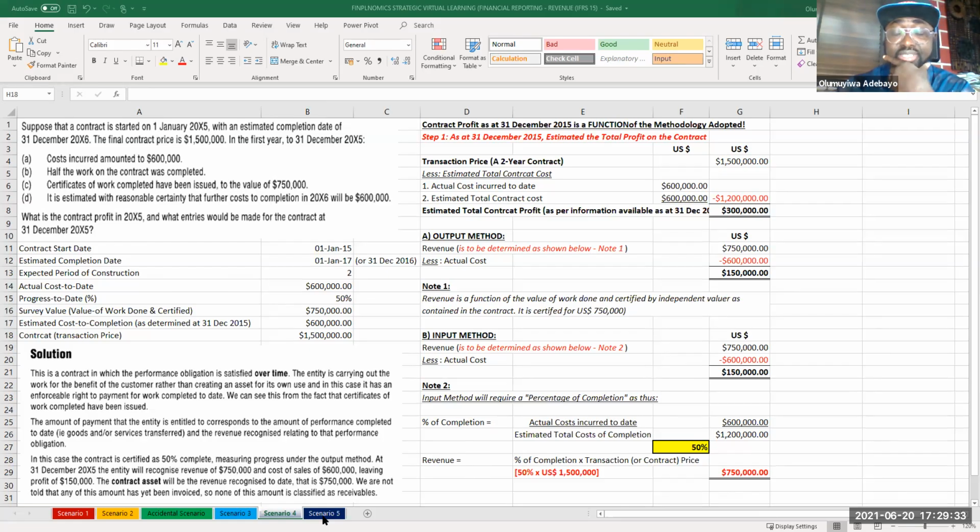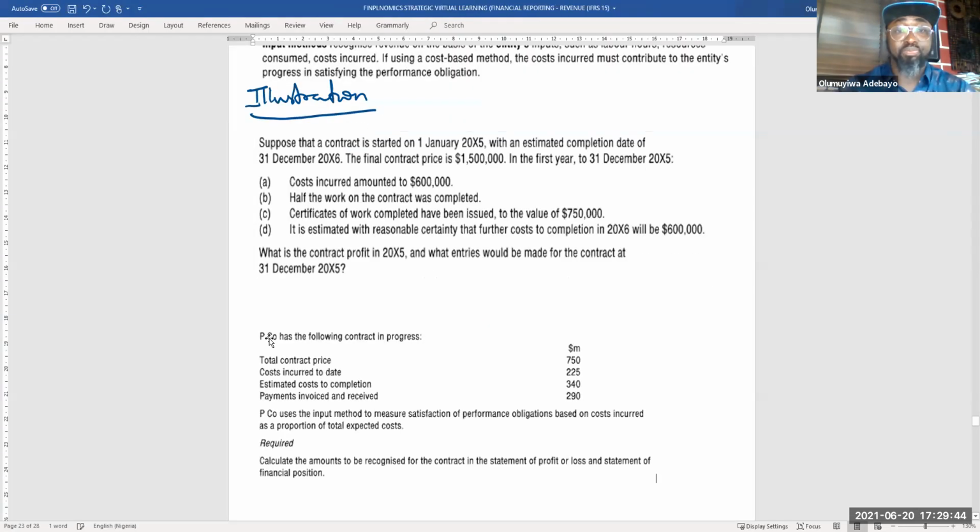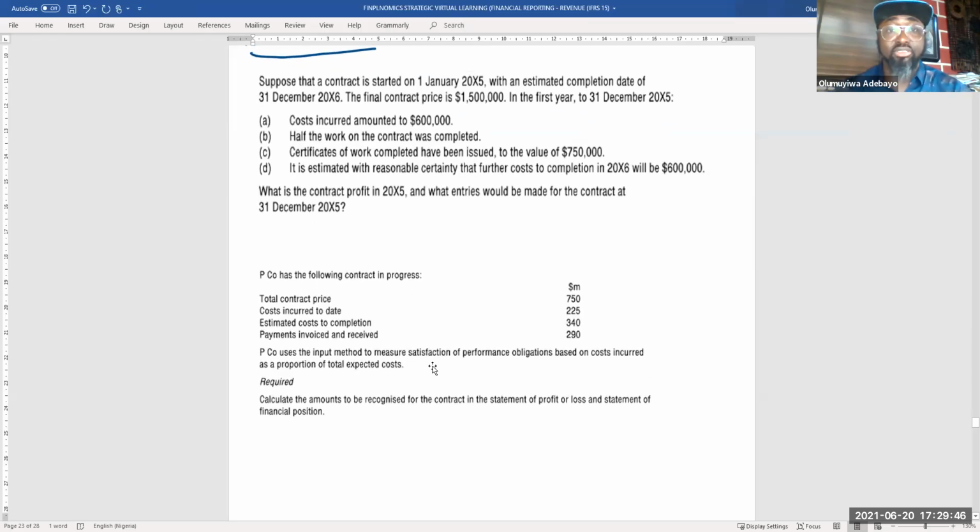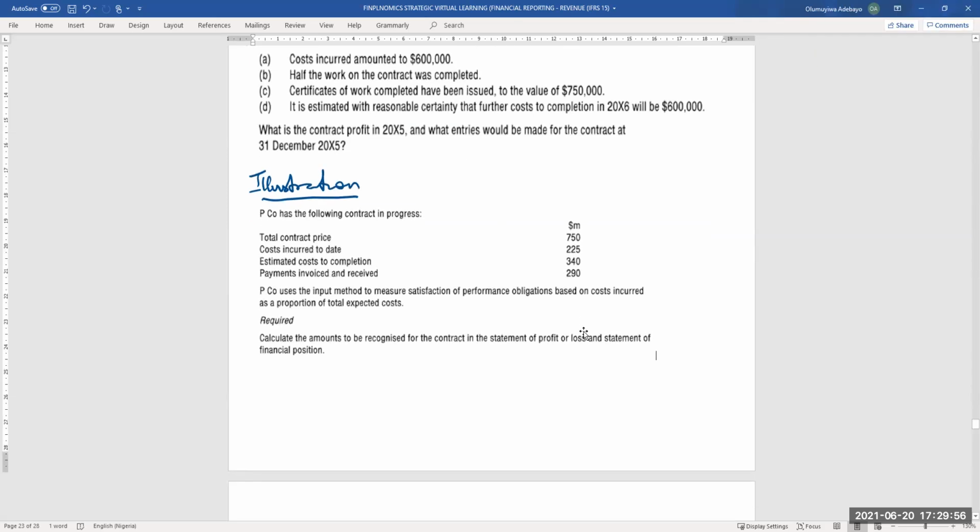But to move further, I'll give you another scenario that we all more or less play with. Another illustration. I want somebody to read it out for us. Can I ask a quick question?